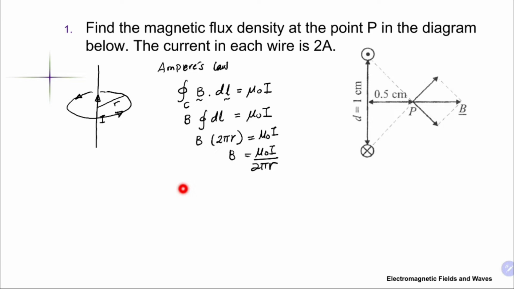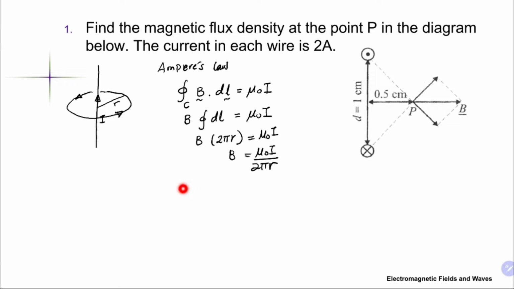So back to this question. Again, we do it one current at a time, just like how we dealt with the charges in Coulomb's law. We do the same here. We do one current, or one wire, at a time.